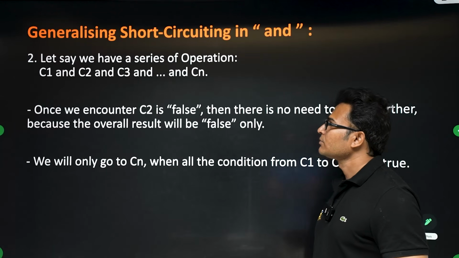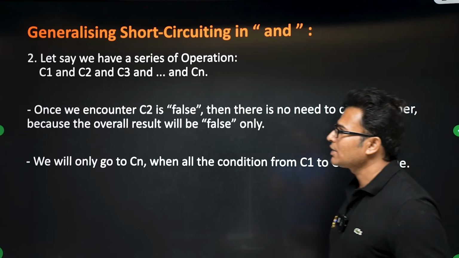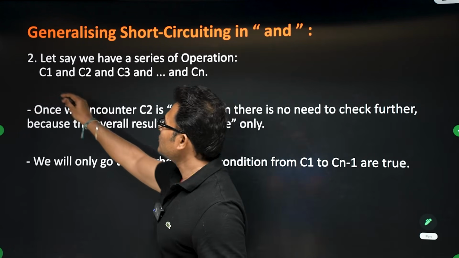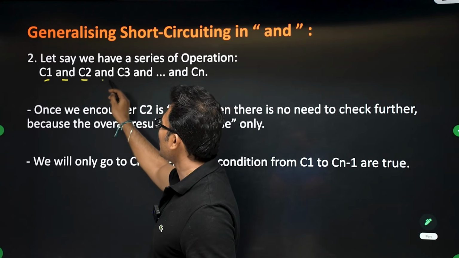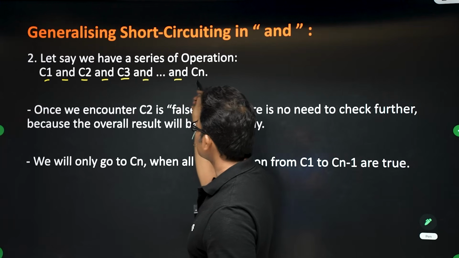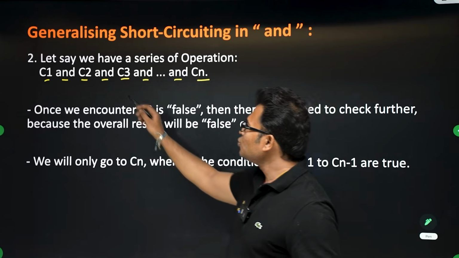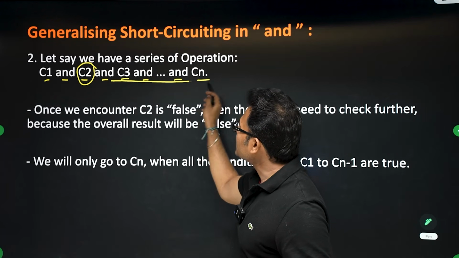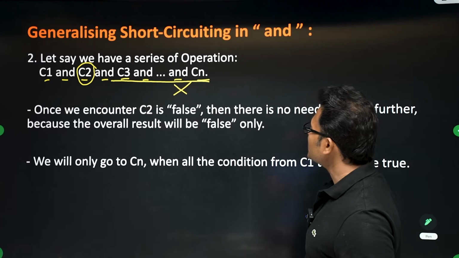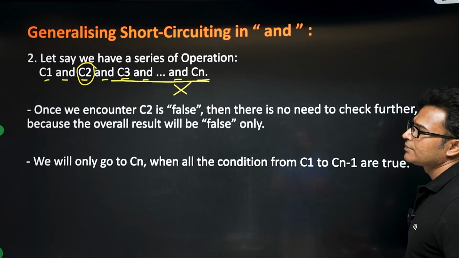In general, if there are conditions like C1 and C2 and C3 and C4, and so on up to Cn, if C2 happens to be false, we will not evaluate the rest. There is no need for further evaluation, right?